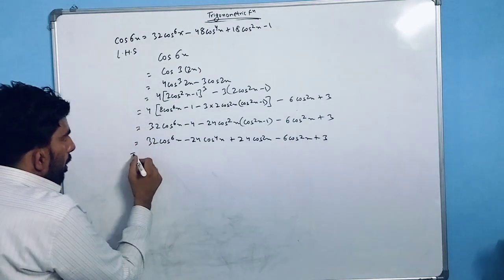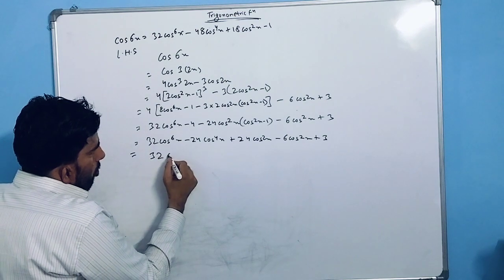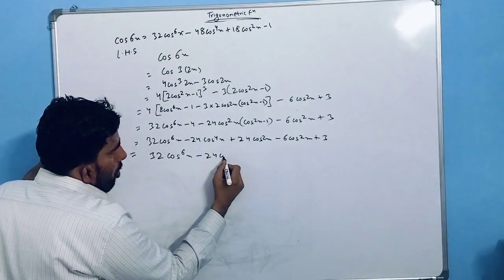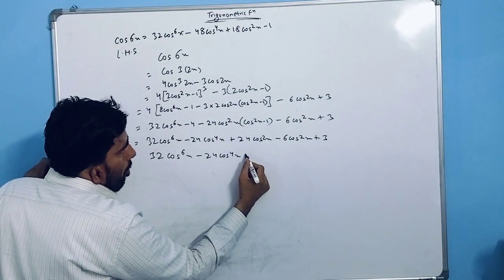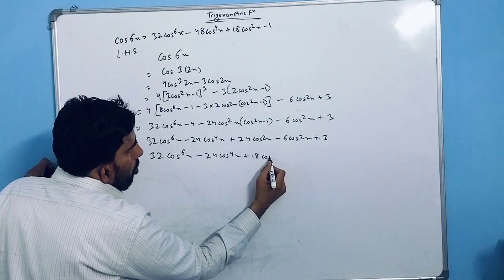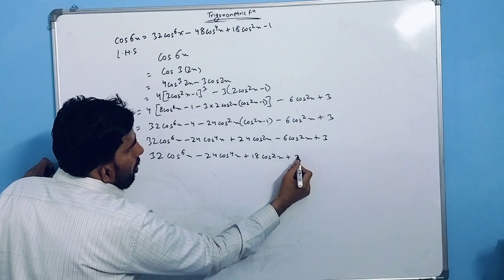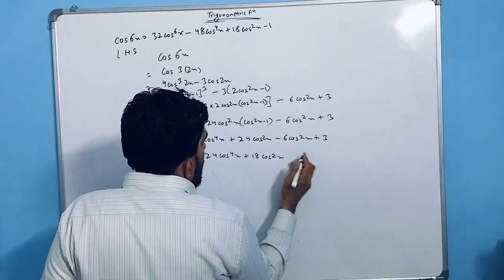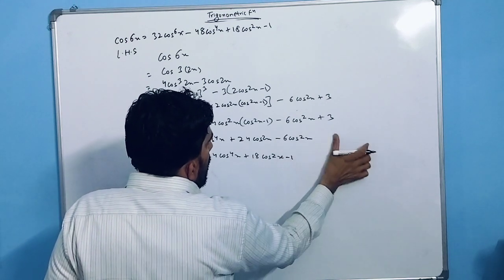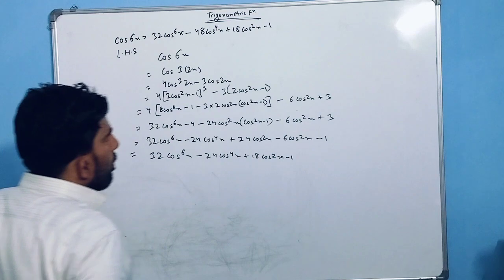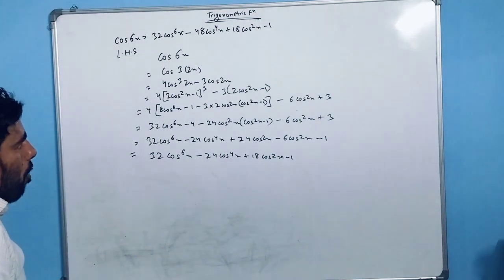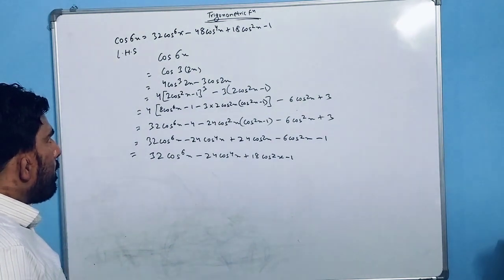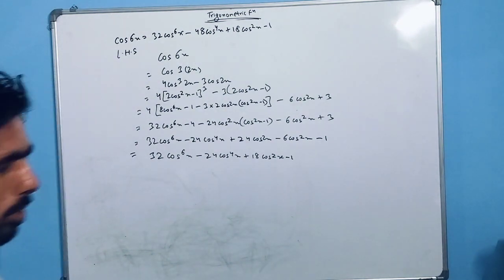So I got 32 cos to the power 6 x minus 24 cos to the power 4 x plus 18 cos square x, and the constants, minus 4 plus 3, give minus 1 here. That is how we are able to solve such a numerical.